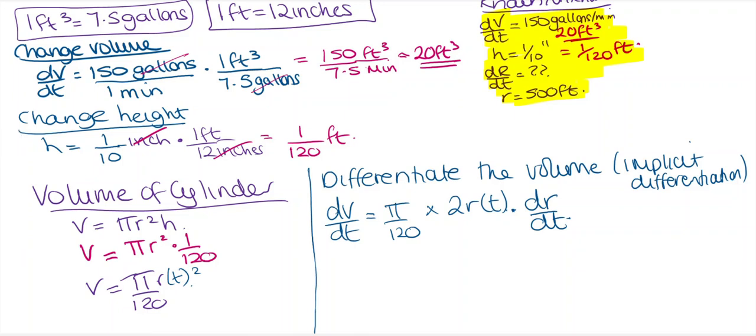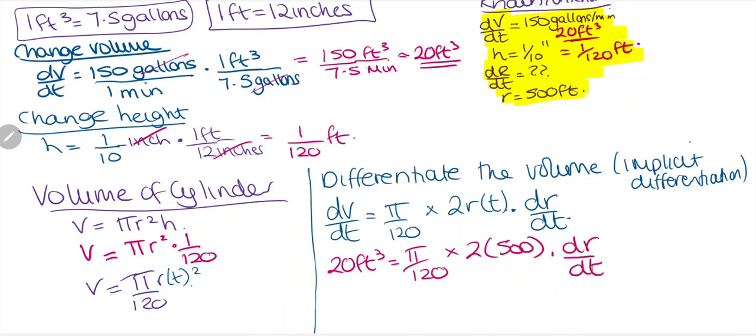We can substitute in what we know. For volume, this is going to be 20 cubic feet. Pi divided by 120 times 2, and we know what the radius is going to be, 500. And dr/dt we need to find in the question. So we can rearrange.